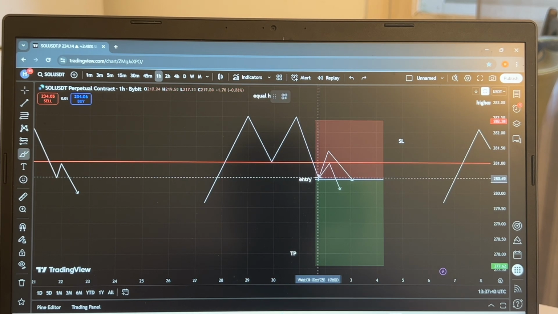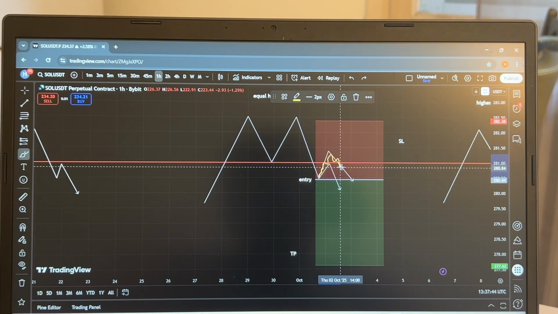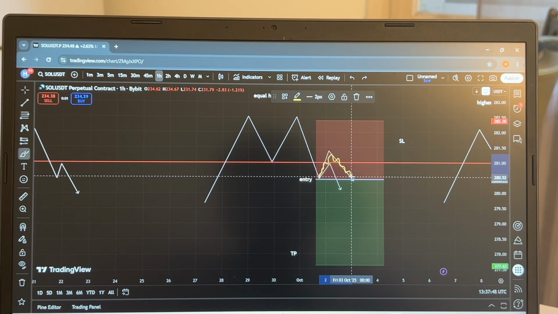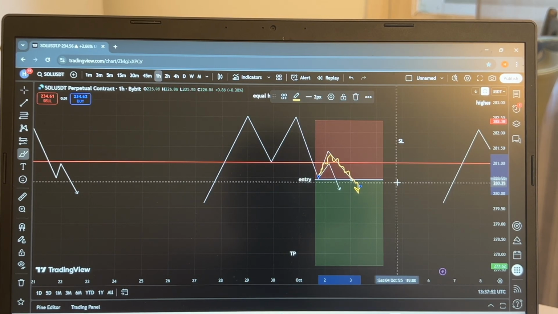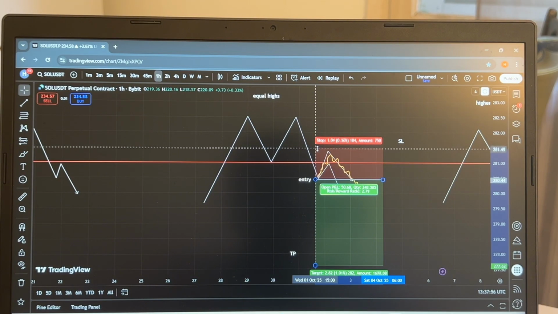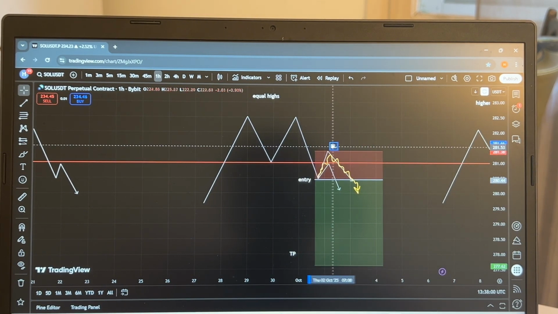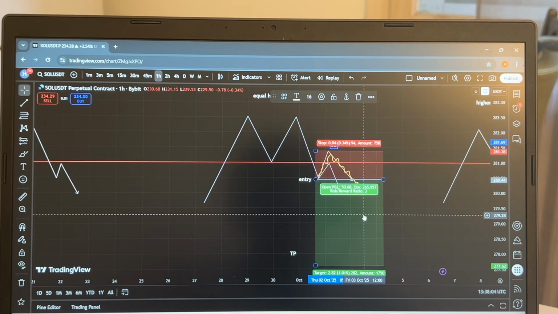The market went for the retest, but it was not a clean retest, so it went up a bit, passing the neckline, and went here. So now we have a clear idea where to put our stop loss. Bring the stop loss to that high.